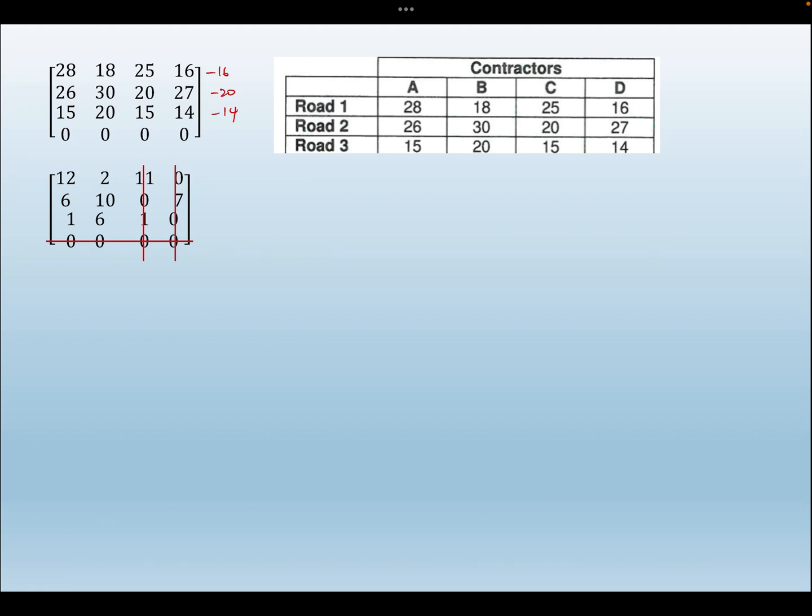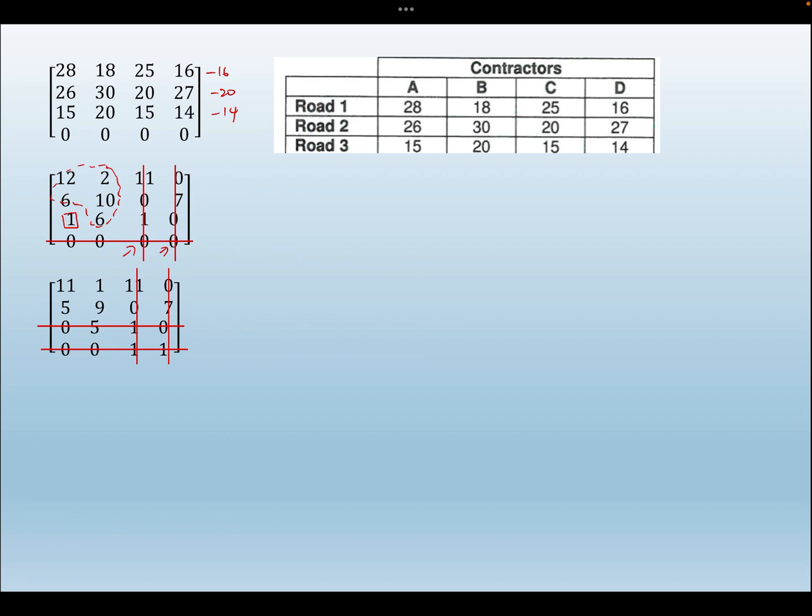We've got 3 lines and we've got a 4x4 matrix. So not quite. We need to do the next step, which is finding the smallest number, subtracting it from the uncovered numbers, and adding it to the 2 elements at the intersections. So therefore we've got another 4x4 matrix.